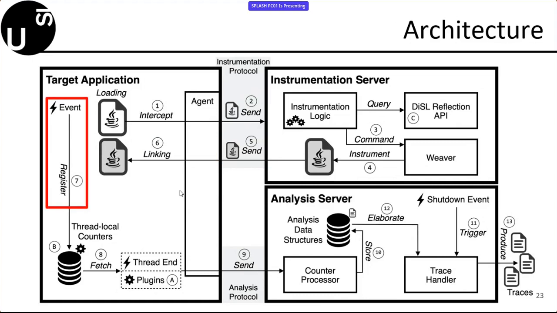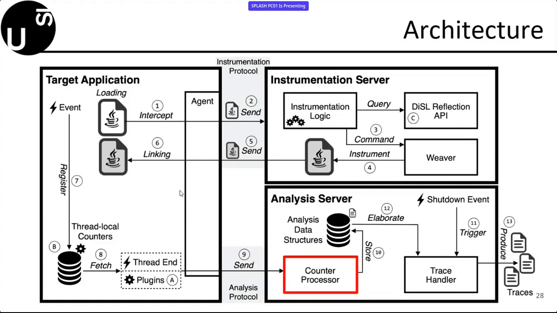When an event of interest occurs, the event is registered into thread local counters in the memory of the target application. And upon the termination of a thread, these counters are fetched and are sent to another component of P3 that is called the analysis server.